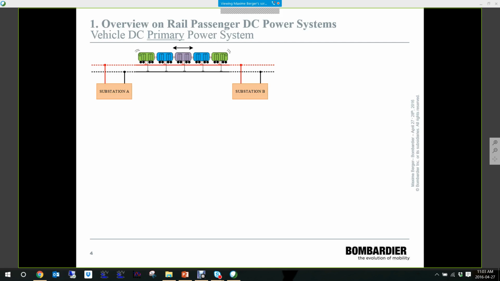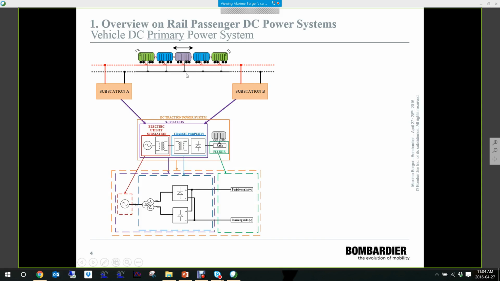So here, what we see is a simplified schematic of a DC traction power system. It is typically composed of multiple substations connected in parallel that feed a track system. In subway systems, the positive rail is typically called the third rail, and the negative or return rails are what we call the running rails, here in black.